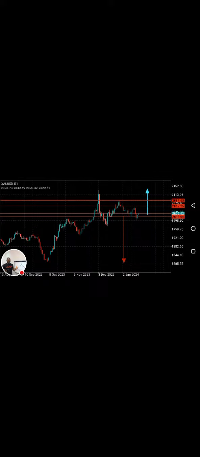So the first pair we'll be looking at is GU. Now, when analyzing the market, when preparing for the new week, when looking at the charts, the first thing you should identify are areas of liquidity.